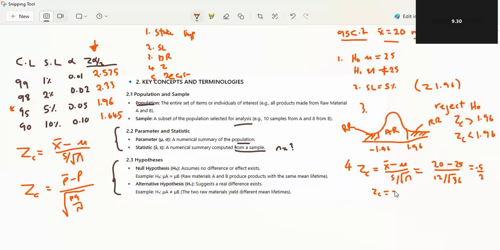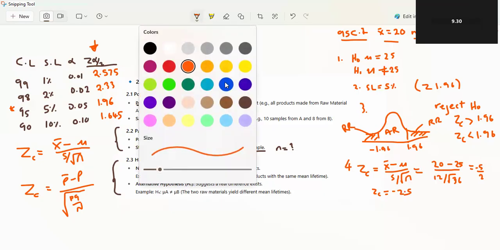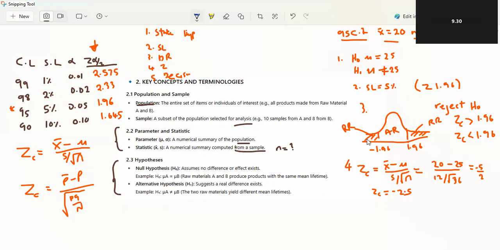Is negative 2.5 in the rejection region or in the accept region? Where is it if you see it from the illustration? It is somewhere here, right? So what is your conclusion?